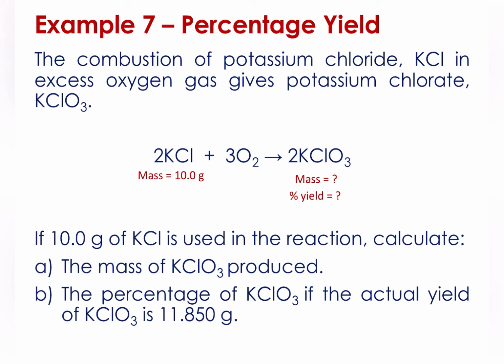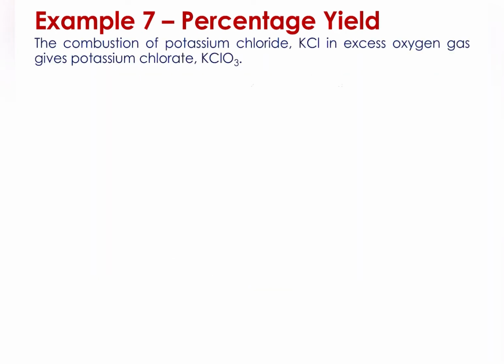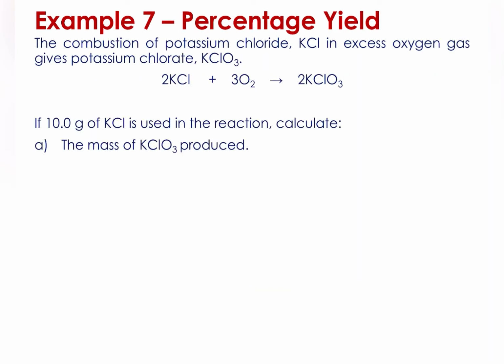The mass of KClO3 produced. So I'm going to do the first thing, information given, mass of KCl, 10 gram. And I have to calculate the mass of KClO3. So what I'm going to do, we have to do the stoichiometry, but stoichiometry mesti dalam terms mole.